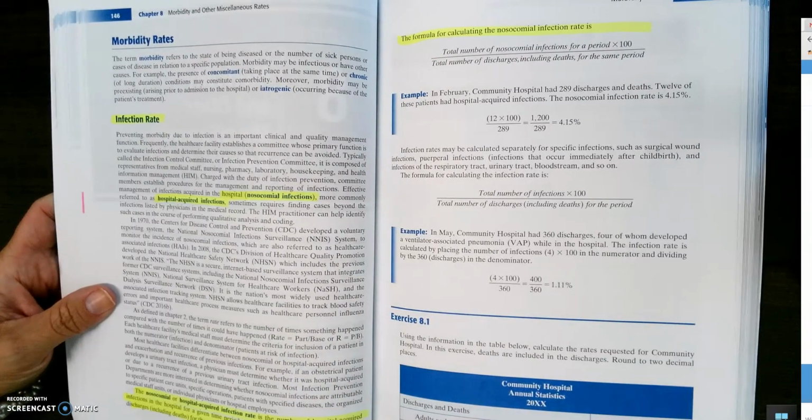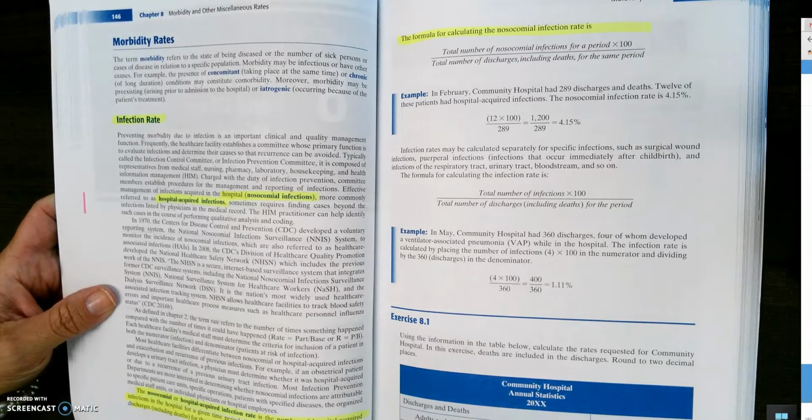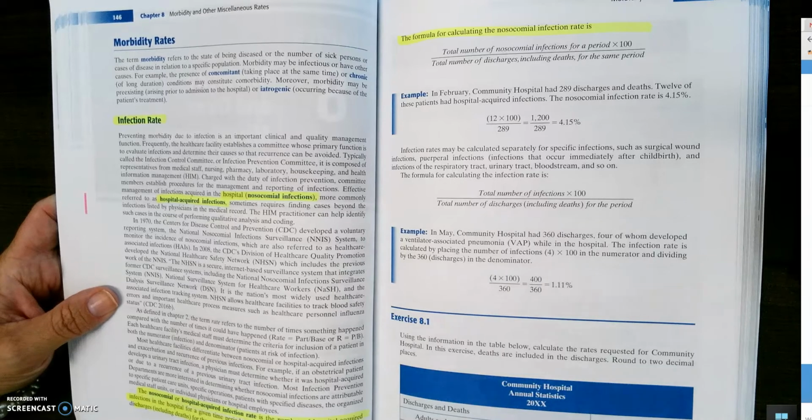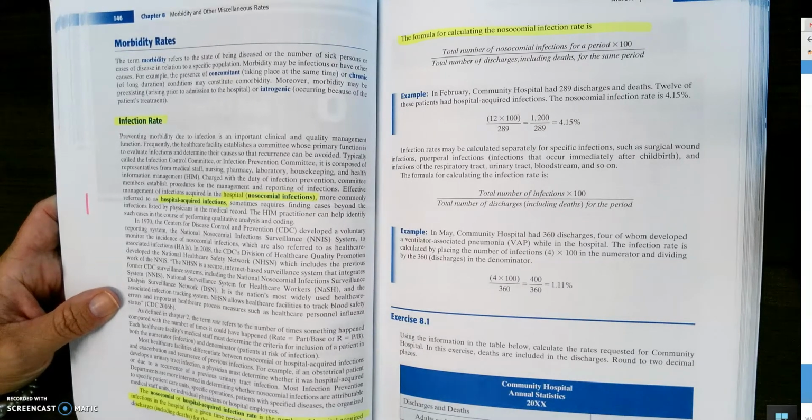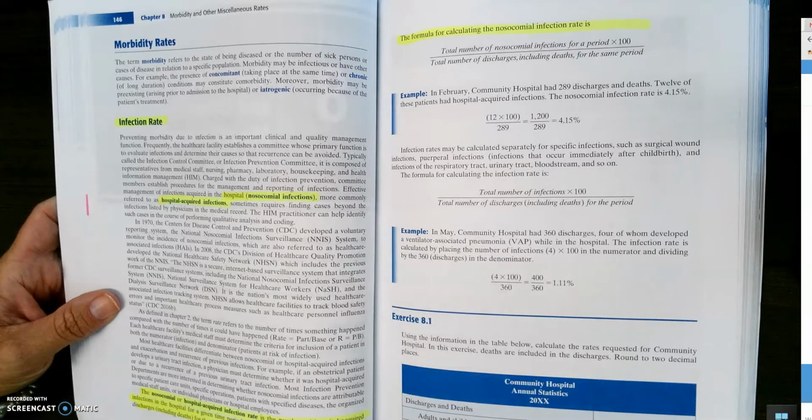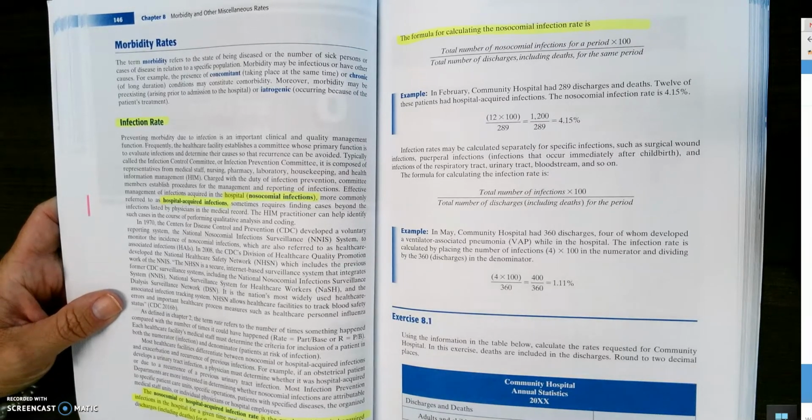They look at these infection rates because what they're judging and rating is the fact that their otherwise healthy patient that they screened coming into the hospital somehow acquired an infection through no fault of their own while in the hospital.